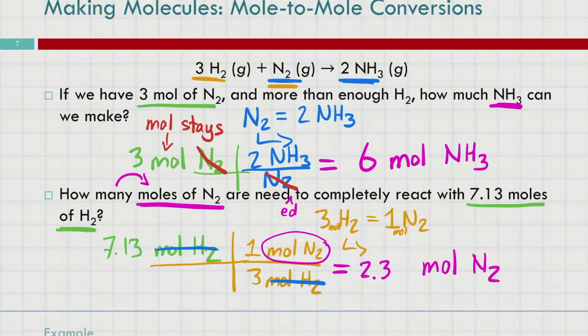Now I'll just use my calculator. My brain's fried. 2.3 something. 2.37, 6 repeating, so we'll call it 2.38 moles N2 after rounding.